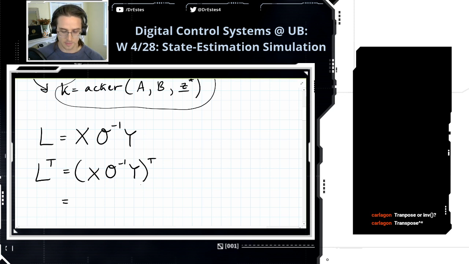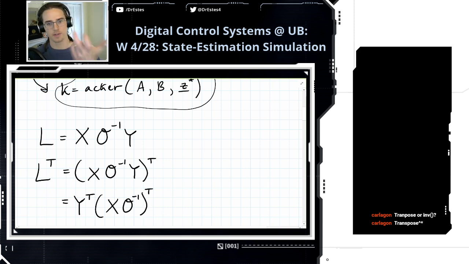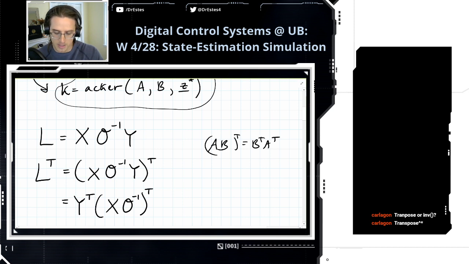The transpose of this stuff on the right-hand side, you could write it as Y transpose. So you bring that rightmost matrix over, times the transpose of those first two terms. So it's kind of like you switch them. This goes back to the principle that AB transpose is B transpose A transpose.